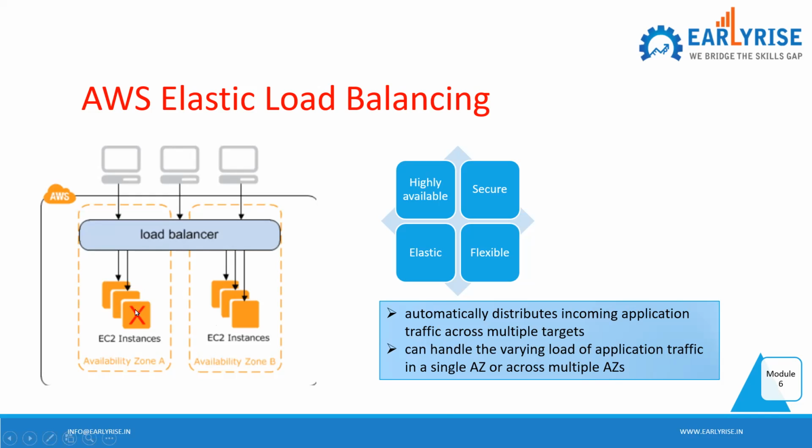This load balancer can send the request to the group of servers. If something is gone, how to replace it is another thing, but downtime should not be there. The application should be running uninterrupted. It can handle the varying load of application traffic in a single availability zone or across multiple availability zones. This load balancer, provided by Amazon, distributes the incoming traffic.